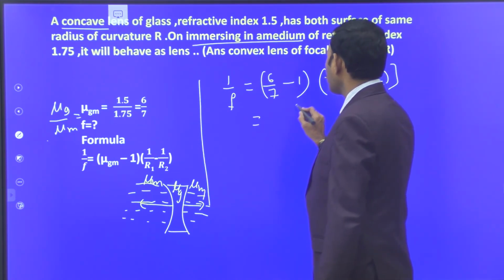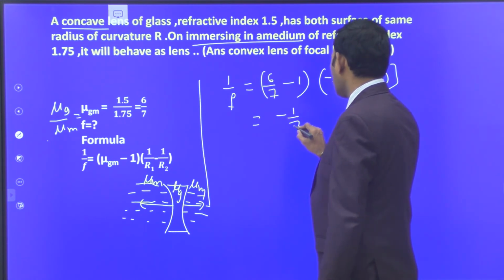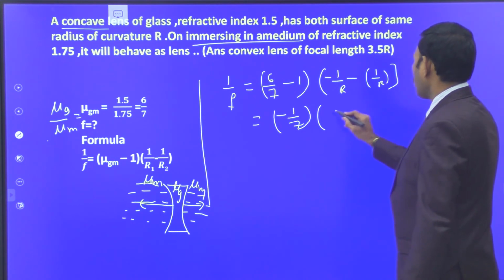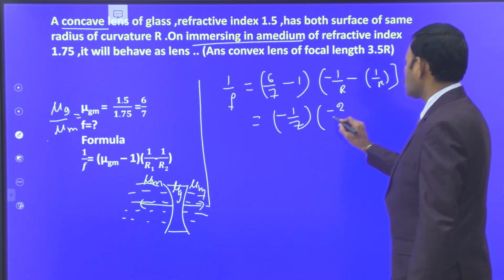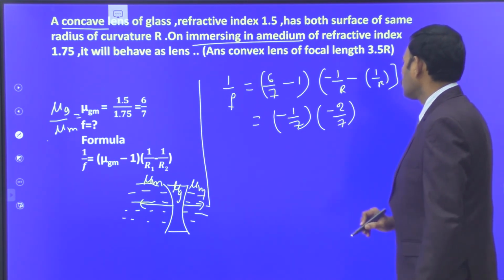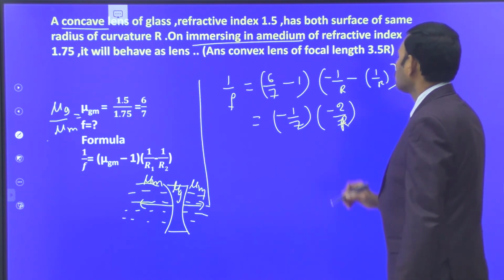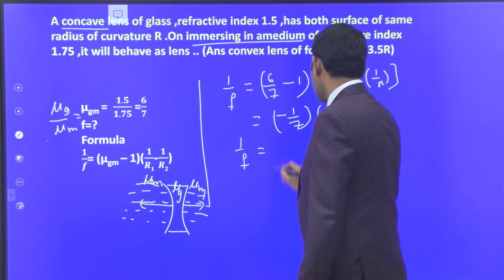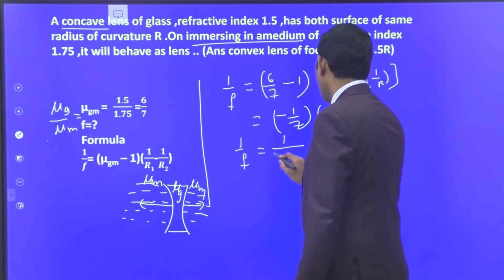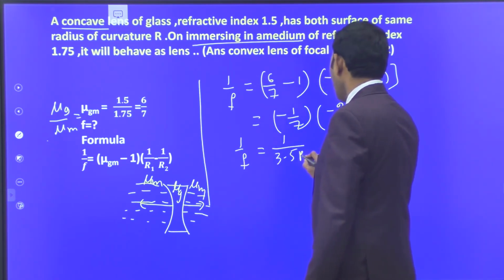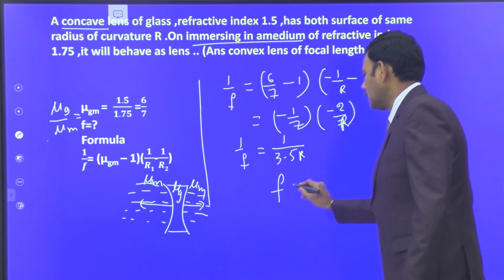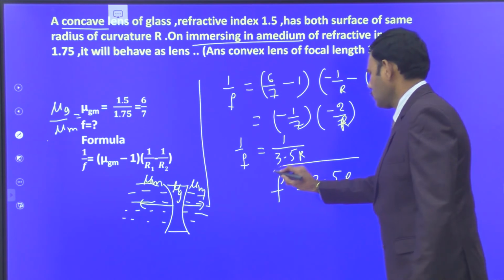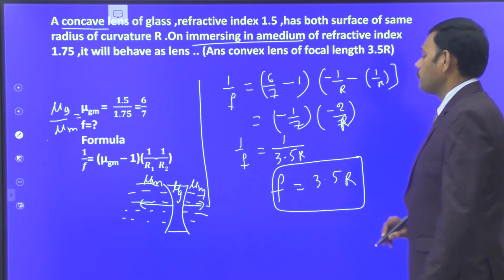This is equal to 6 by 7 minus 1 means minus 1 by 7 into, this is minus 1 by r minus 1 by r means we get minus 2 by r. So 1 by f, minus minus is plus, 2 by 7 means 1 by 3.5 r, and cross multiplying, focal length is 3.5 times the radius of curvature of each surface.